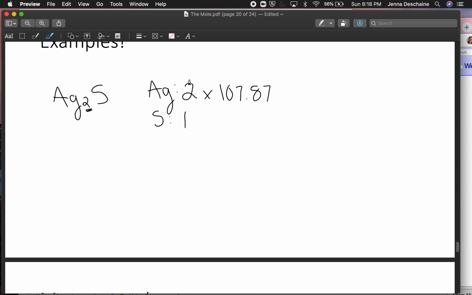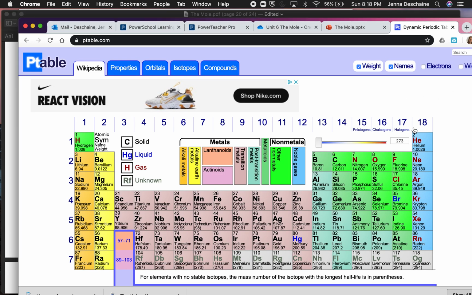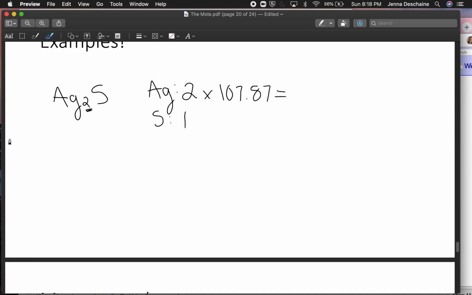All right? And I'm going to multiply those two together to find out how much total mass of silver I have. But first I'm also going to find the mass of sulfur, which if I look here happens to be 32.06. So I'm going to write that down really quick. 32.06.